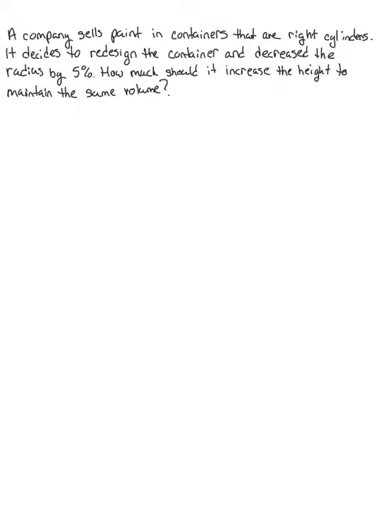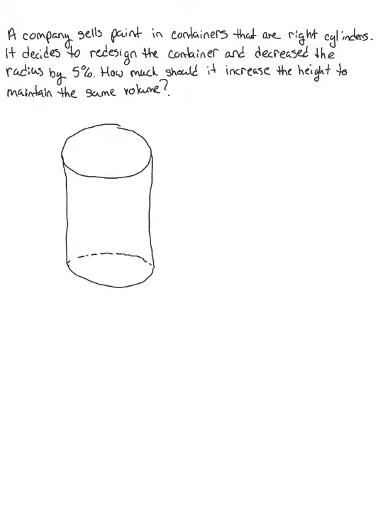So we're going to go from this cylinder over here. It's got a certain height. So this is going to be the old container, and it's going to have a radius, and we'll call that RO for the radius of the old.